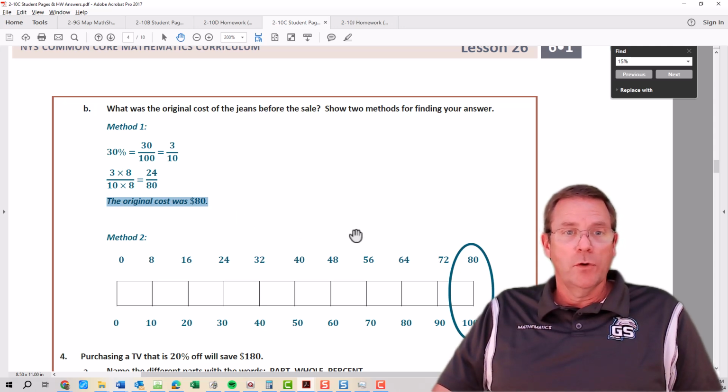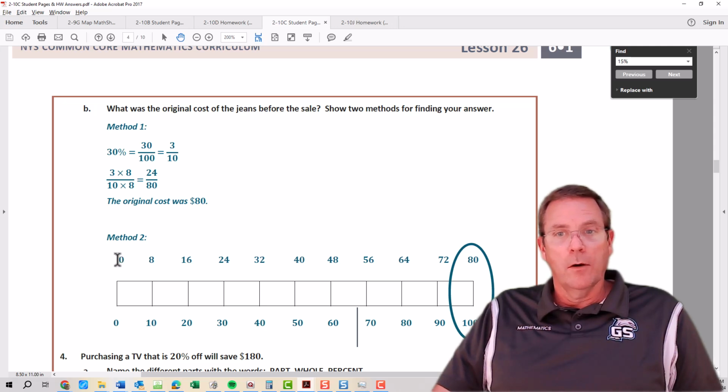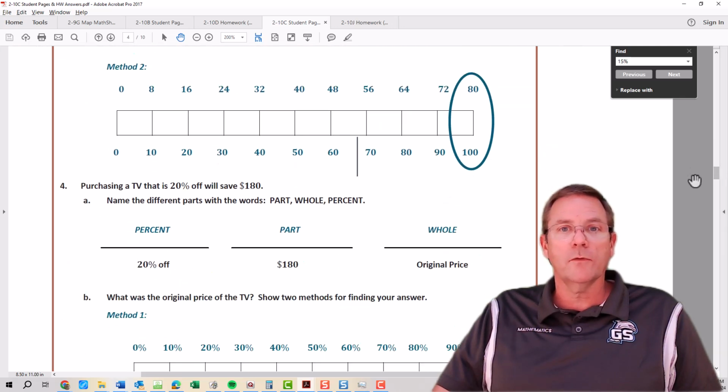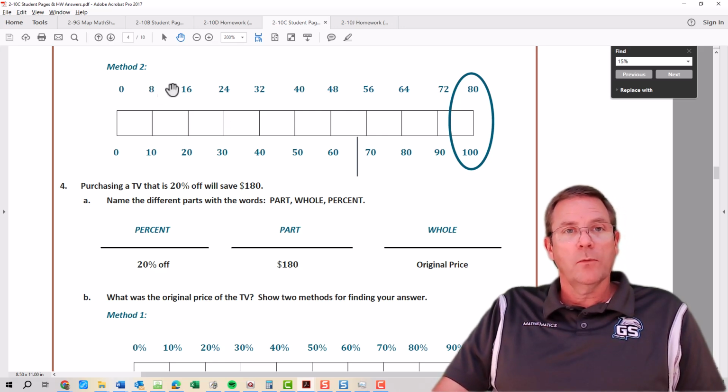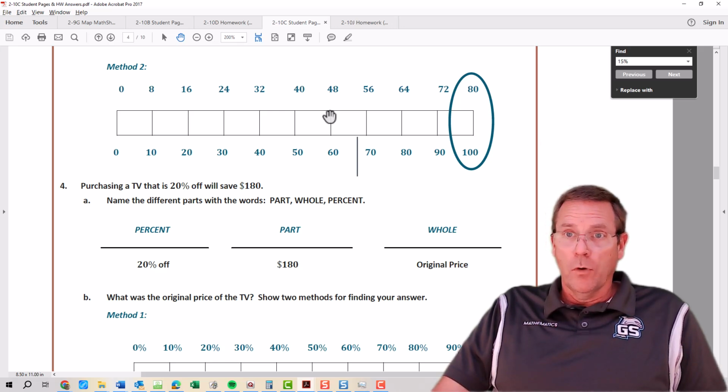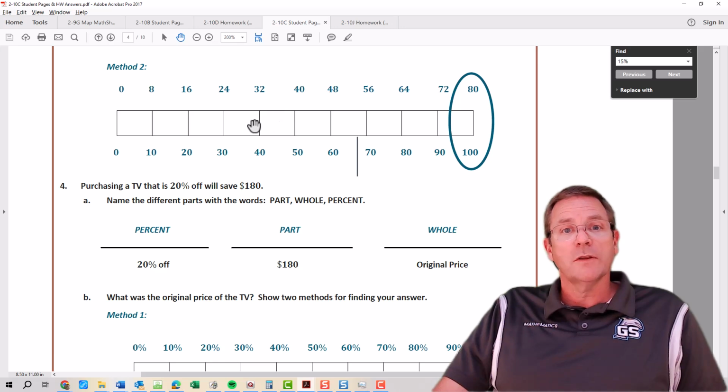They could also do it on the double number line, where they set it up with the amount saved on top and the percent on the bottom. Let's see if we can scroll that up a little bit so you can see it over my head. And then from there, they started working their way up, where they had the 10% was $8, 20% was 16, and so on, and the goal was to get up to where the total was. Now remember, they would have originally just started with the 24 and 30.